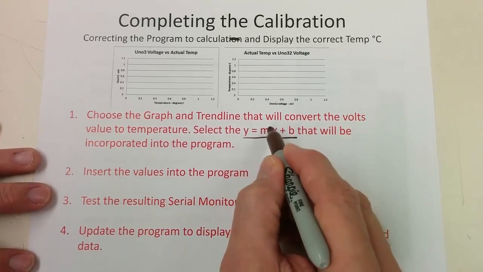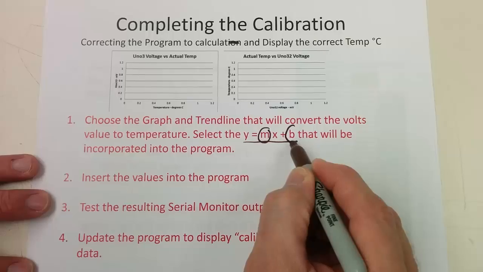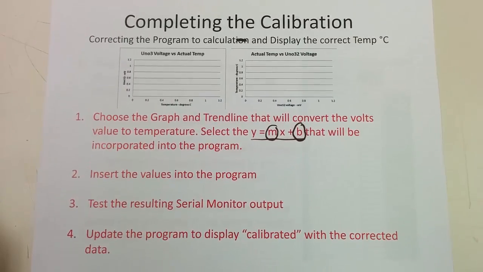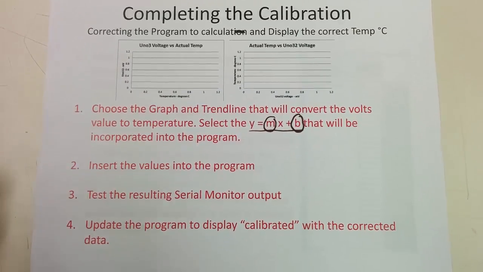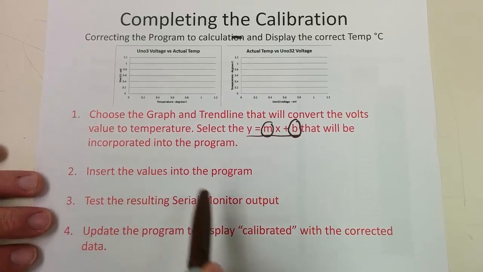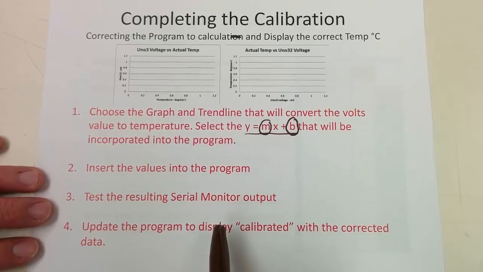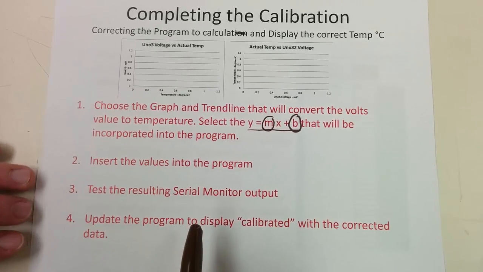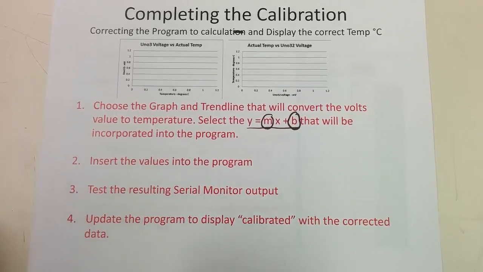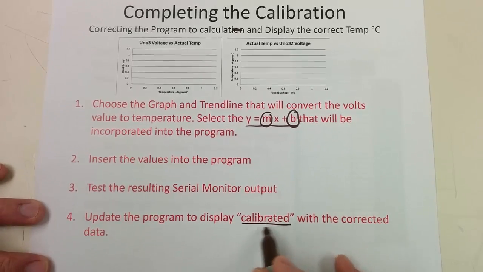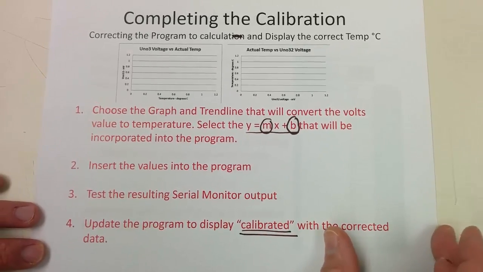So again, you're going to select the line that has the correct values that allow you to convert this in the program. We're going to insert those values into the program and then test it out. Repeat the measurements you've just taken to see if the values read where they need to read. Once you've done that, you can modify the program to say that it is calibrated.